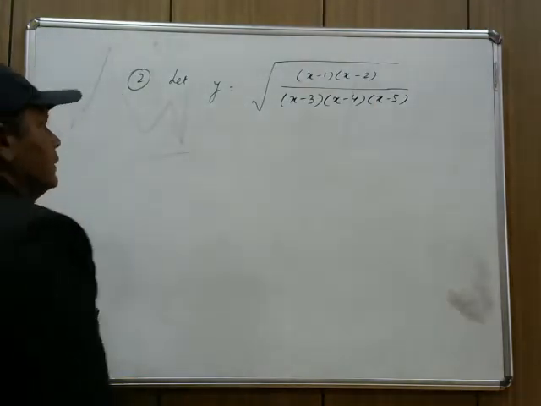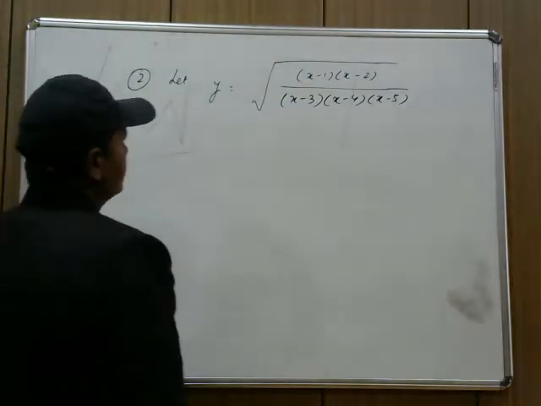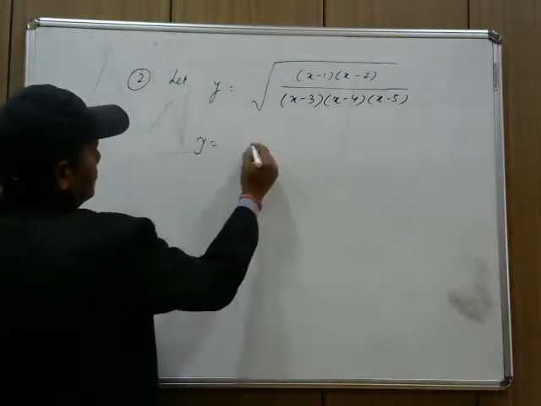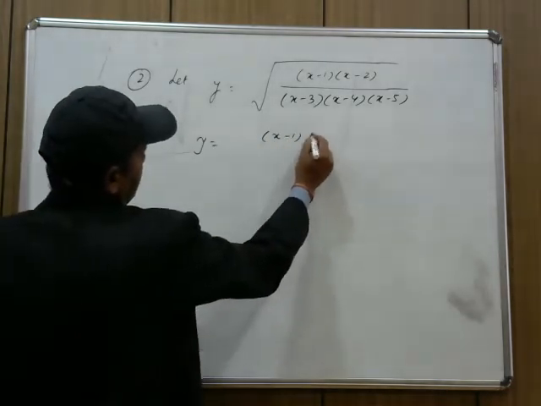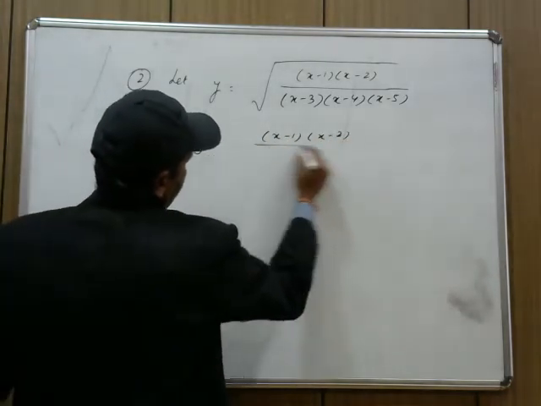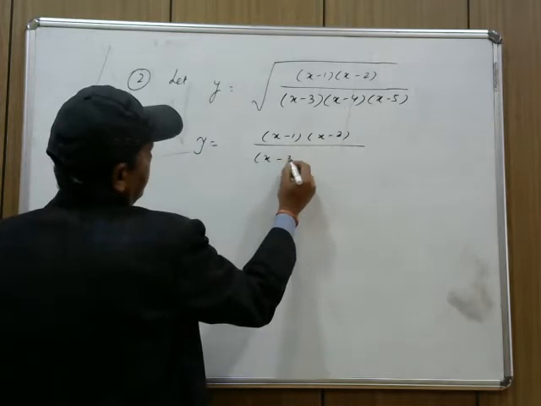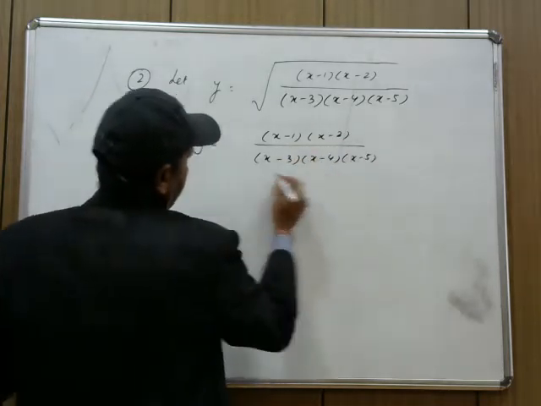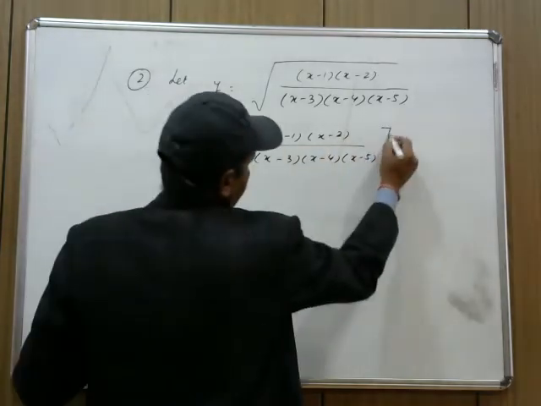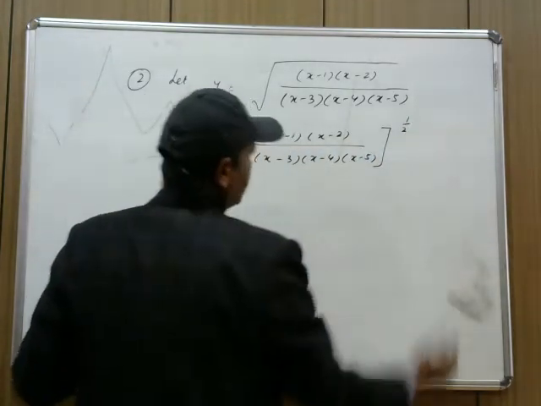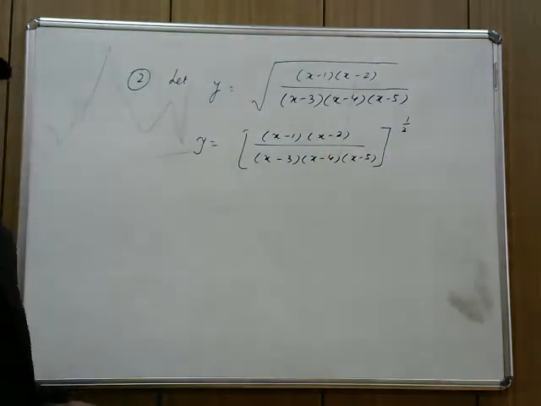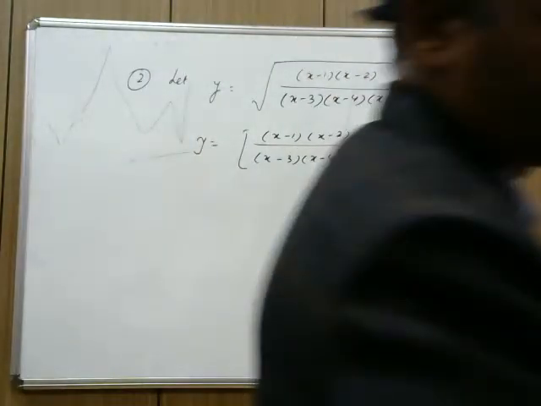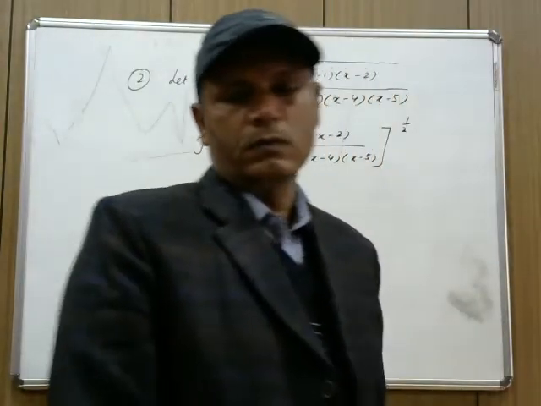Right? This is actually y is equal to x minus 1, x minus 2 divided by x minus 3, x minus 4, x minus 5, whole raised to the power 1 by 2.